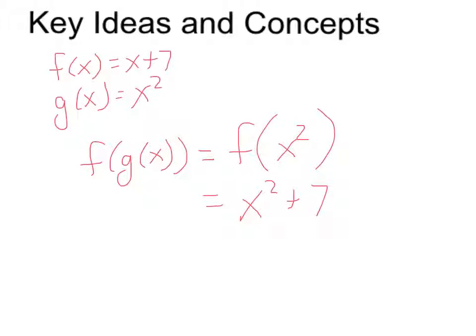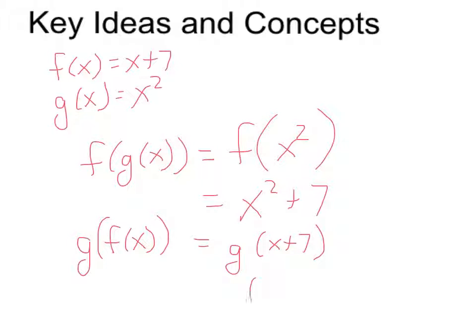If I wanted the other direction, g of f of x, then that is going to be g of x plus 7, which is x plus 7 quantity squared.